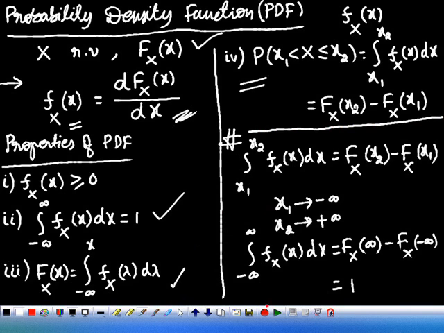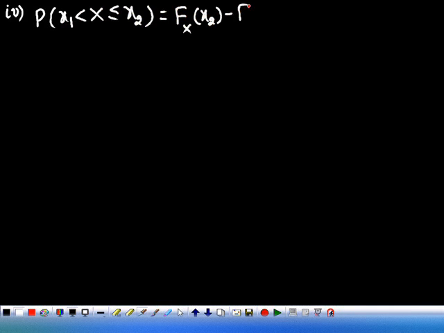To prove the fourth property, take the probability of x1 less than X less than or equal to x2. This can be written as FX(x2) minus FX(x1), which we already proved.